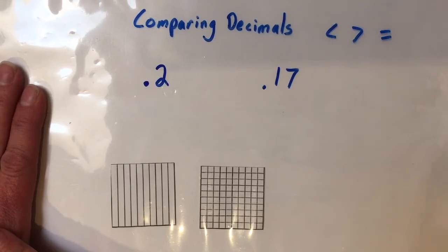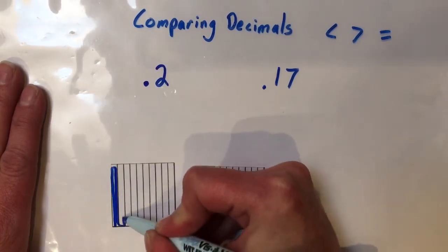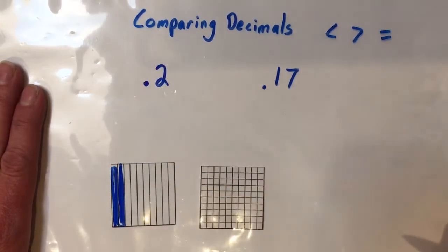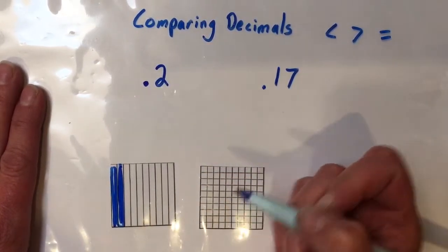Because we're using what we've known and what we've done for all these years prior to learning about decimals. We know that 17's bigger than 2, but that's not what this problem actually says. This problem says 2 tenths. This is 2 tenths, and that'd be the same thing as 20 cents.